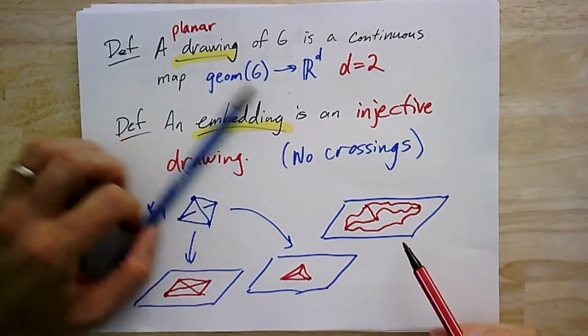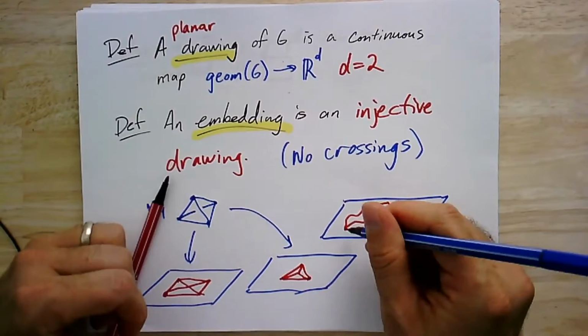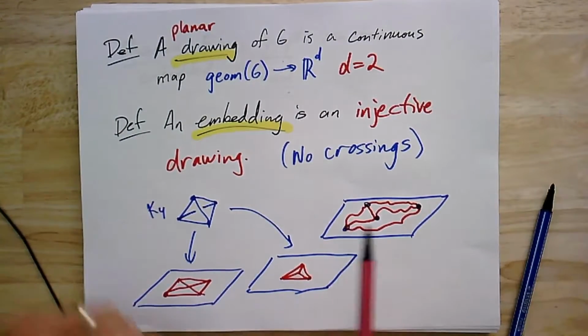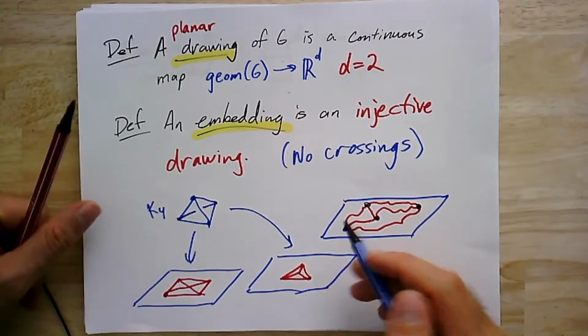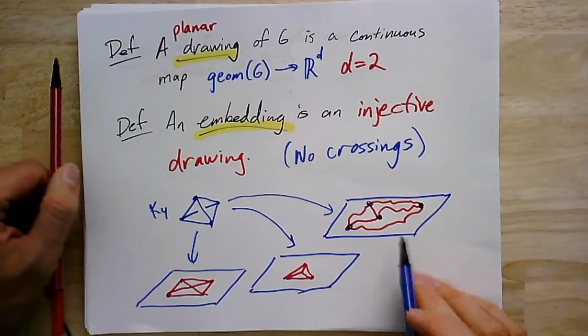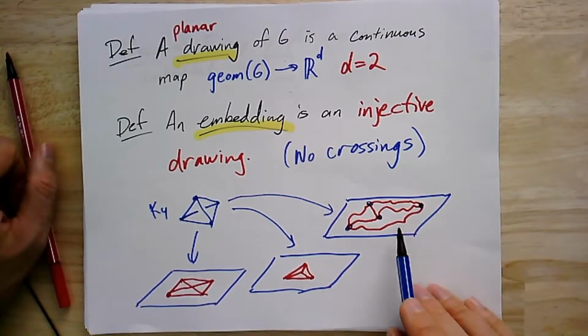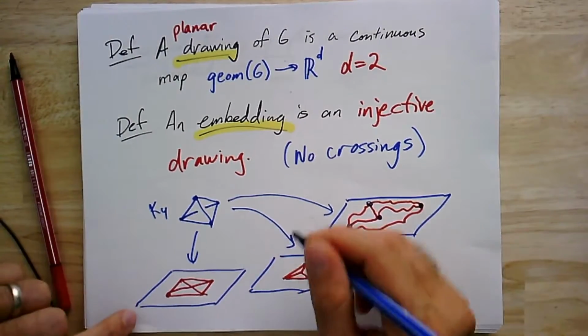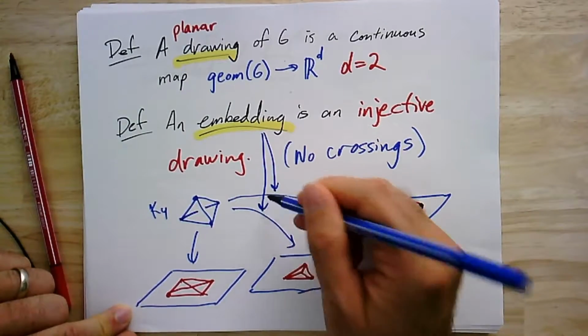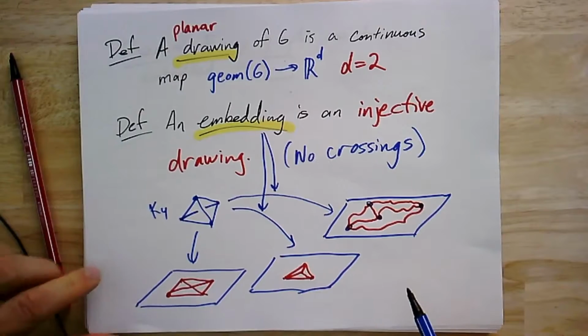This is also K4. I'll just highlight where I put the vertices because you can lose them in all the squiggles. As long as this is continuous, then this is also a drawing of K4, and this one is also an embedding. So these two are embeddings. This one's a drawing, but not an embedding.